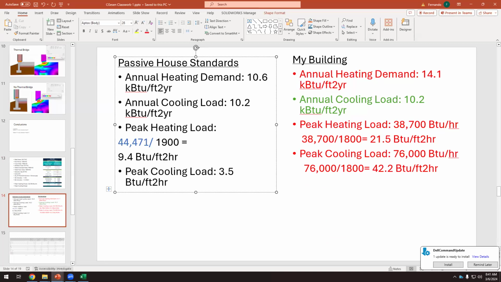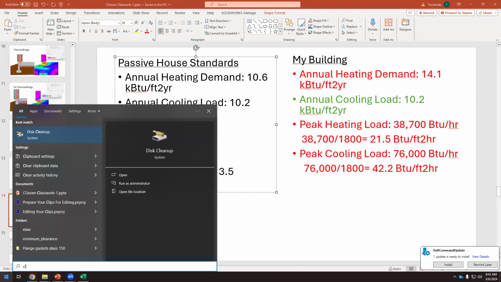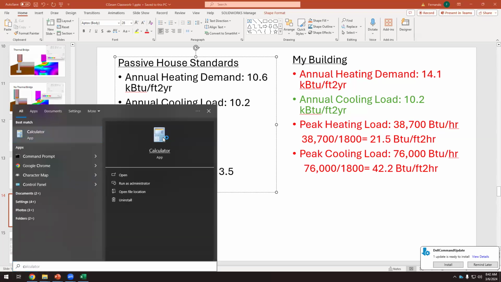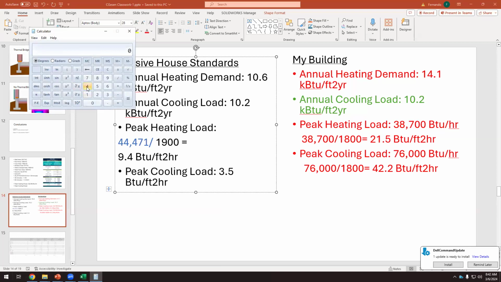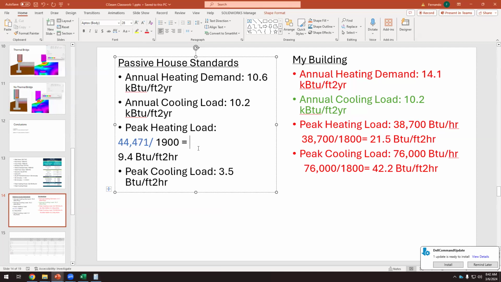If I do this, it would be 44,471 divided by 1923. Okay, so according to this it is 23.